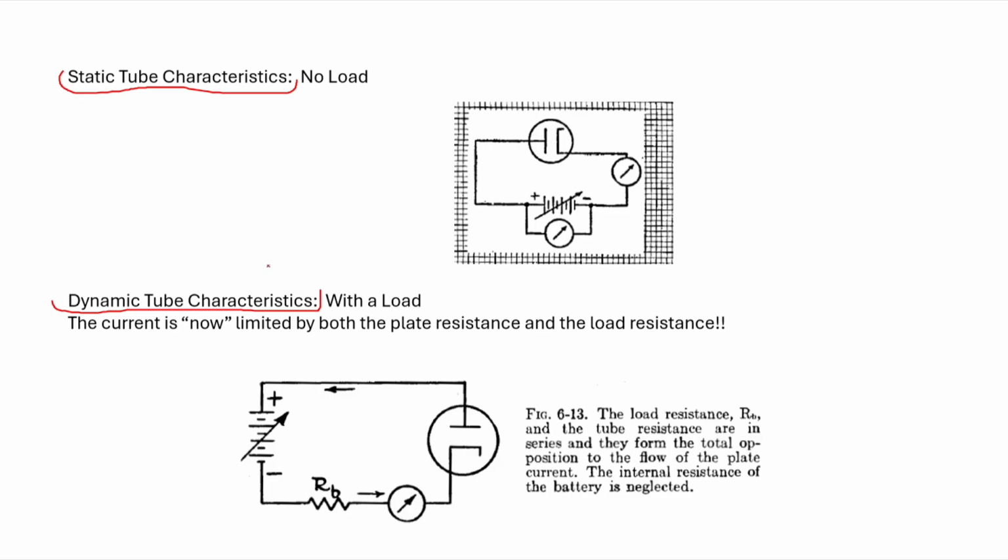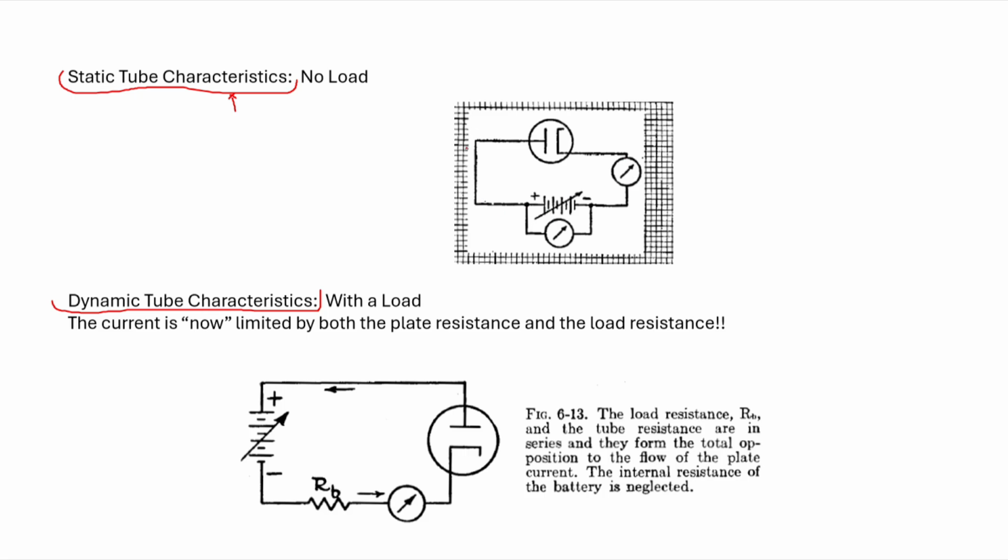Tube characteristics sometimes are given in a static condition. And all that means is these tube characteristics are measured without a load. And that's depicted here. Here's our diode. And here is our voltage source where we get to increase the plate voltage and measure the plate current.